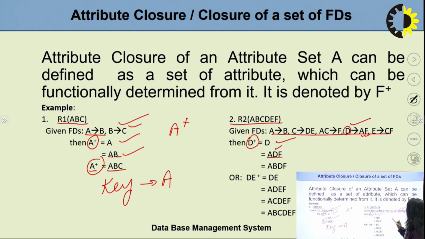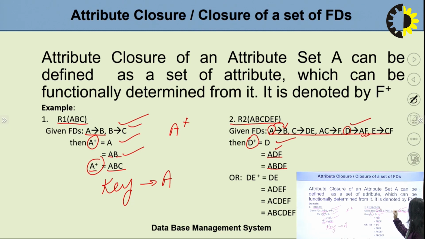Okay. Now if we have A, D and F, what else can we determine? If we have A, we can determine B. So now we have A, B, D, F in our hand. What other thing can we determine?